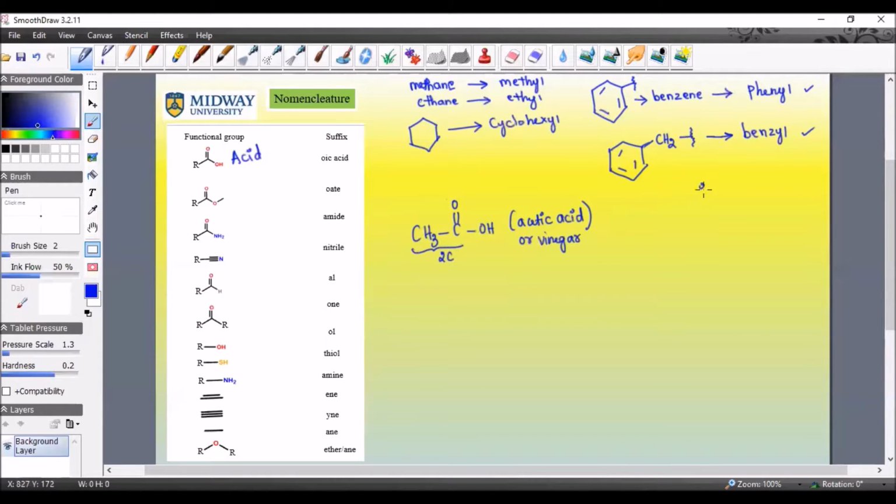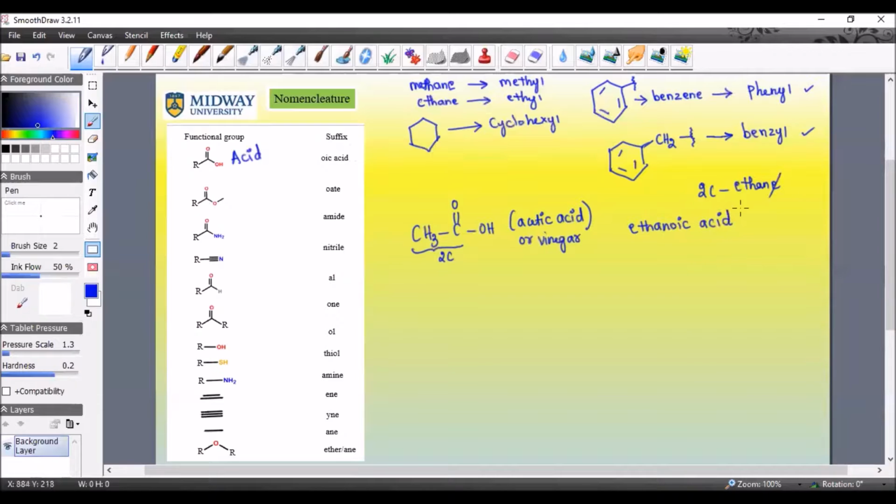What does 2 carbons refer to? Ethane, right? And how do we name this compound? Well, you first have to figure out how many carbons we have. And all you have to do is get rid of the E, so ethan, and then replace it with the suffix, oic acid.